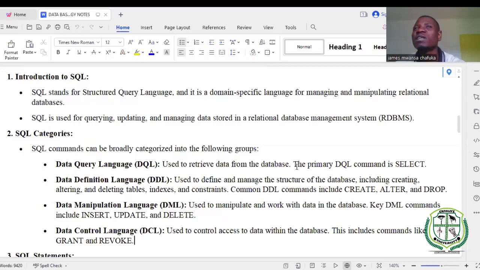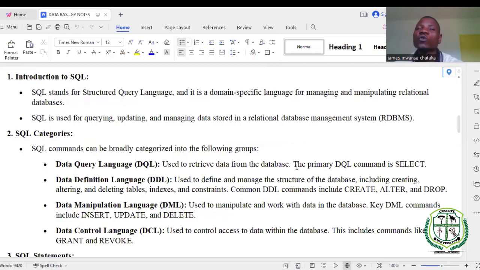So in order to manage the structure of database, you have to engage the data definition language, including creating, altering, deleting tables, indexing, constraints. If you want to work on creating and deleting tables, indexes and constraints, you need to engage the SQL category which is data definition language.